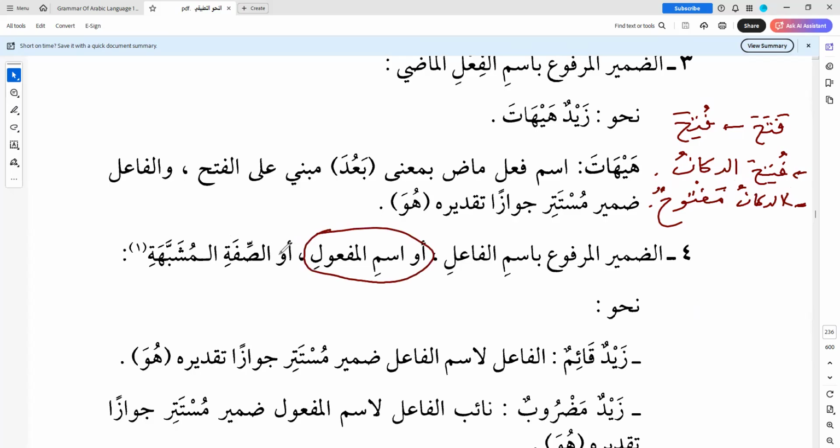And then we have الصفة المشبهة. I'll call it permanent attributive quality. صفة مشبهة.